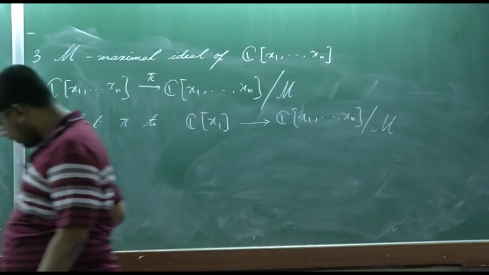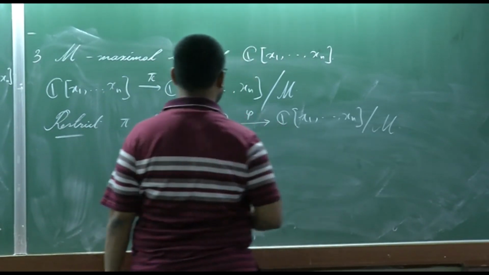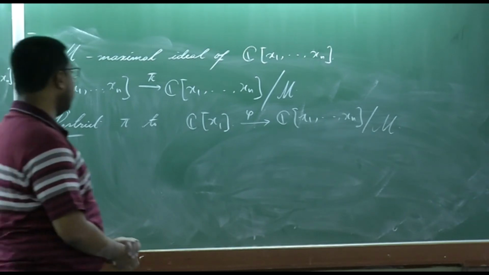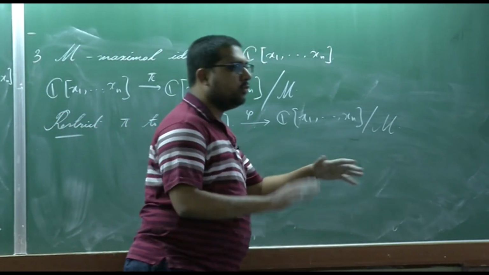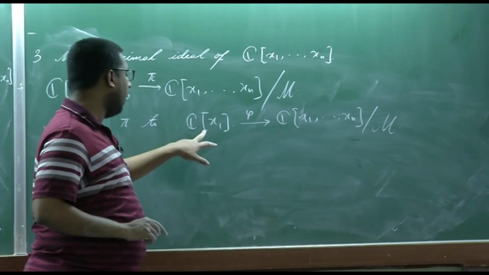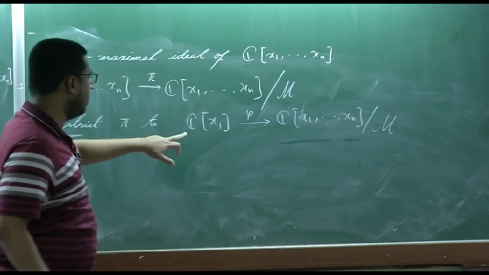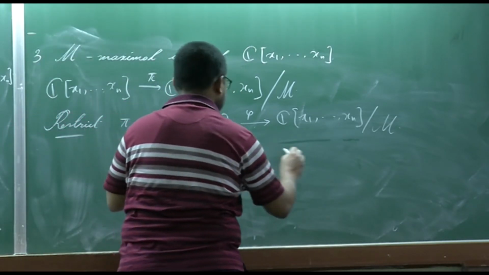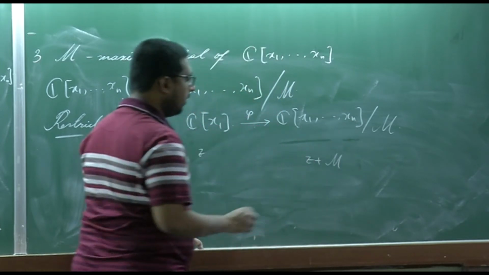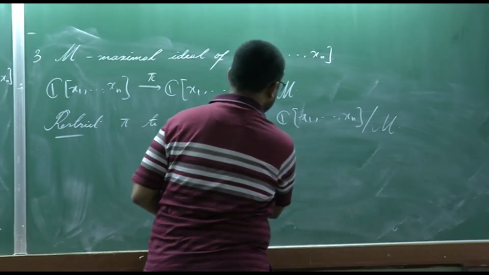Let me denote this for the time being by phi, and one thing is very clear: in the image we do have the whole of C, because each complex number z is now being moved to the complex number z plus M. So this image contains a copy of C.